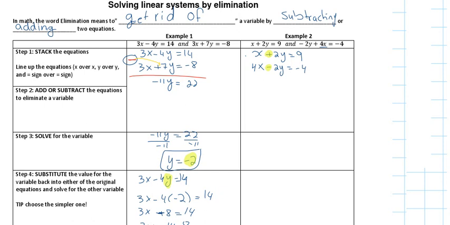So if I add this, x plus 4x is 5x. 2y plus negative 2y is 0, so I don't have to write this. 9 plus negative 4 is 5. And then what do I do to get rid of the, actually, that's it.